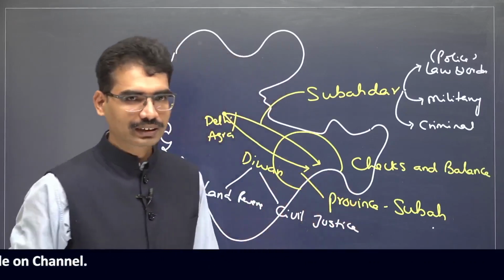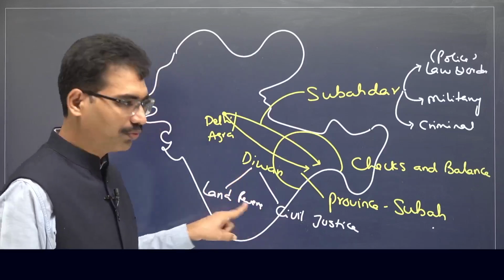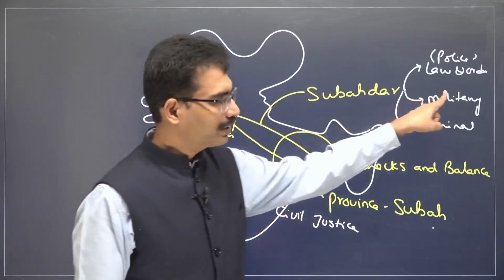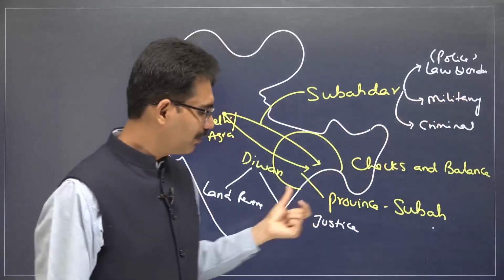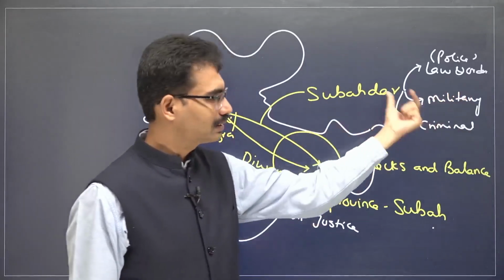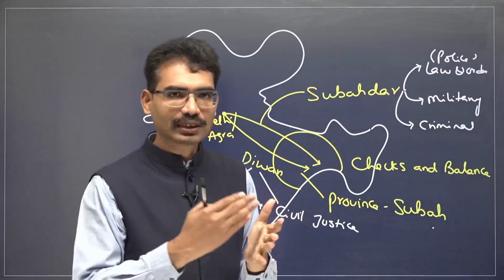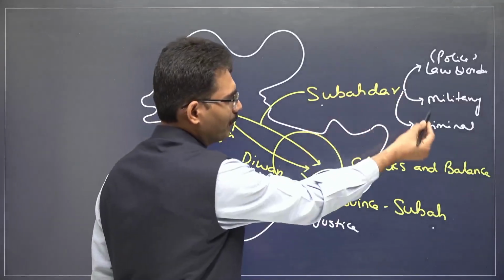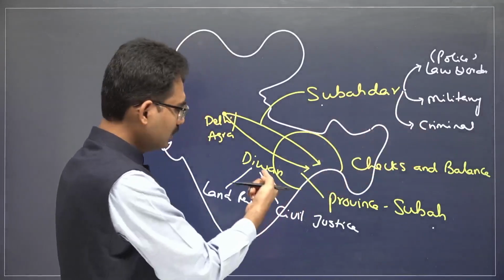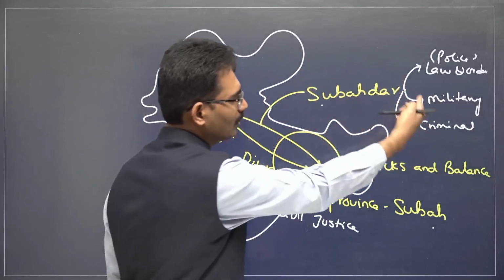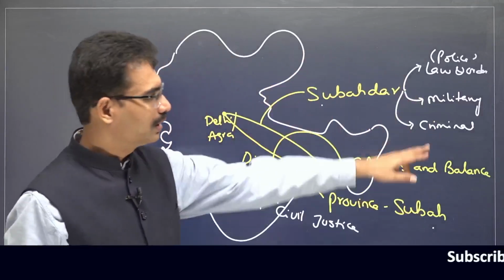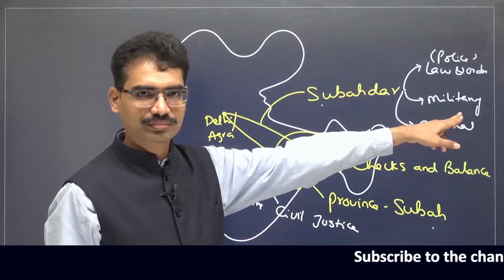Now what is happening here? Money is in the hands of one person, but power is in the hands of another person. Money power is in the hands of one person, military power is in the hands of the other. In that way, the Subedar cannot become powerful without revenue, and the Diwan will not become powerful without the support of the Subedar, because the military is in his hands.